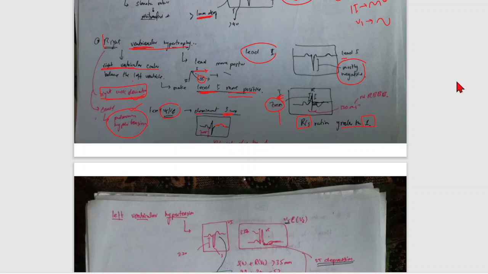Now come here to left ventricular hypertrophy. In left ventricular hypertrophy, you see leads V1, V5 and V6. Actually it has ST elevation. There will be ST elevation in left ventricular hypertrophy, and in lead V1 there is also ST elevation.